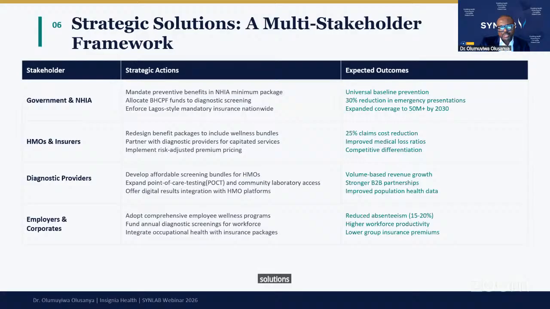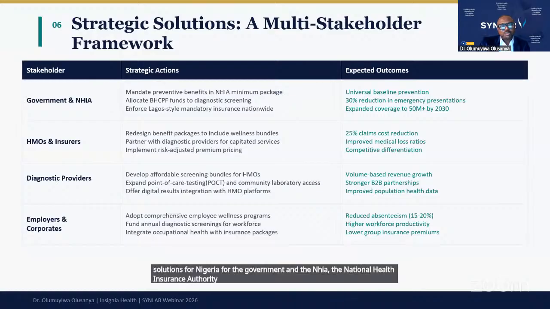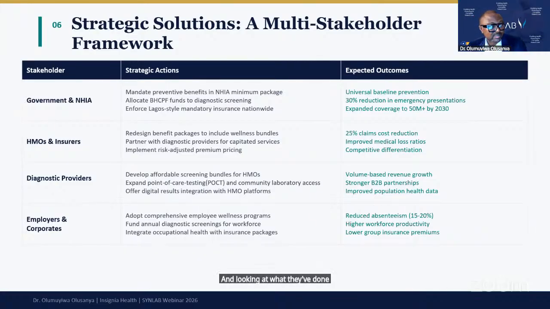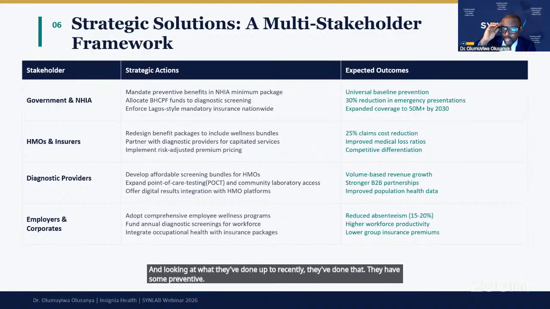Solutions for Nigeria, for the government and the NHIA, the National Health Insurance Authority: I would say that it's good to mandate preventive health benefits in every NHIA benefit package. Looking at what they've done up to recently, they've done that. They have some preventive screenings in the plan.